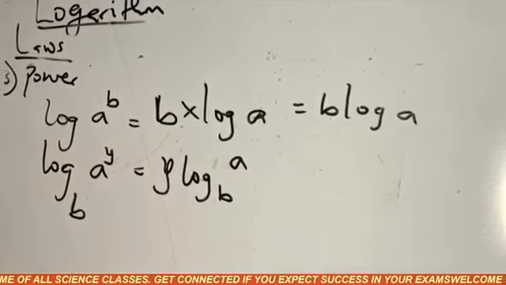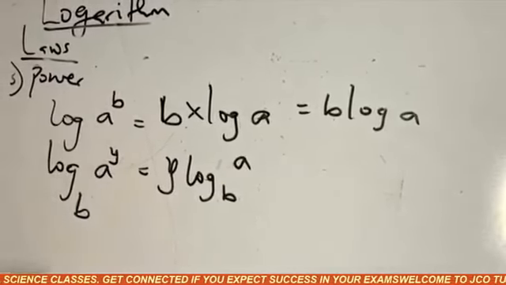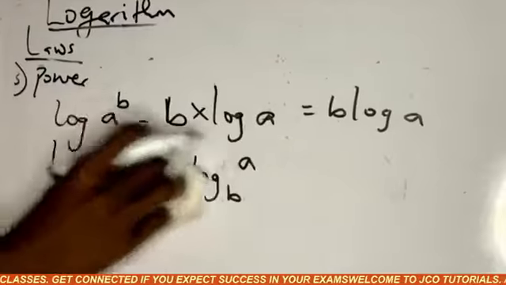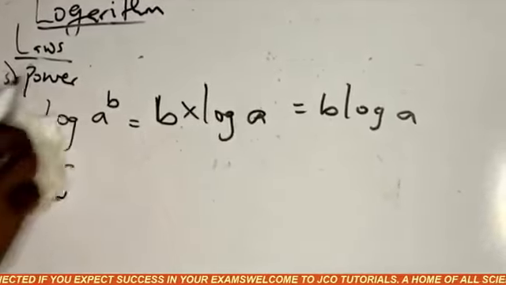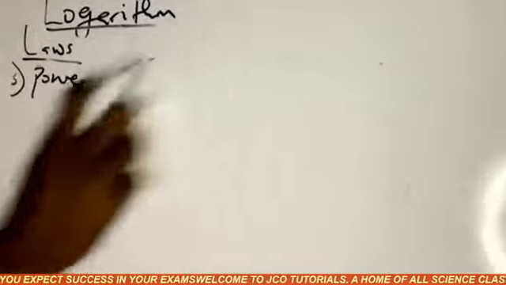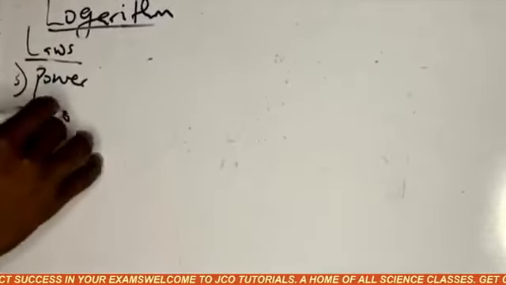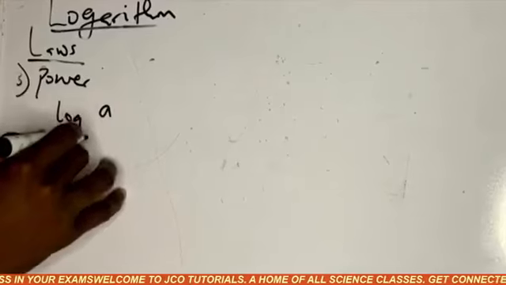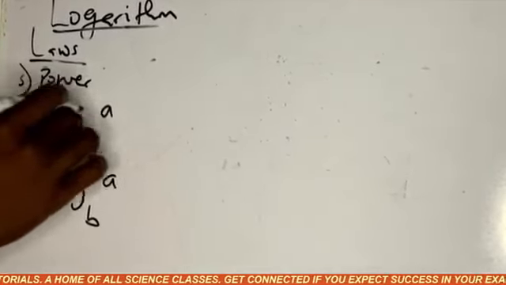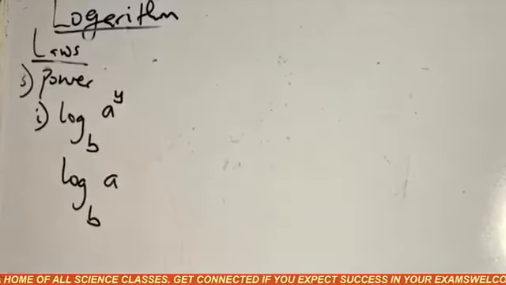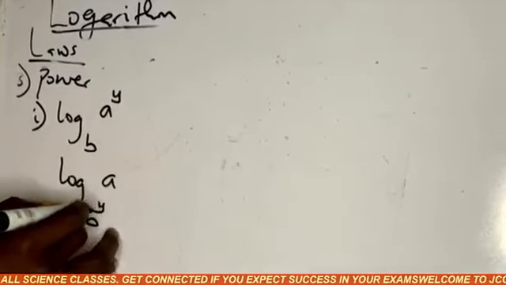Now, I could also have another case. Let me show you side by side so you will see it. If I have log a base b, another case log a base b. But you see, in this first case, the power is on the a, but here the power is on the b.